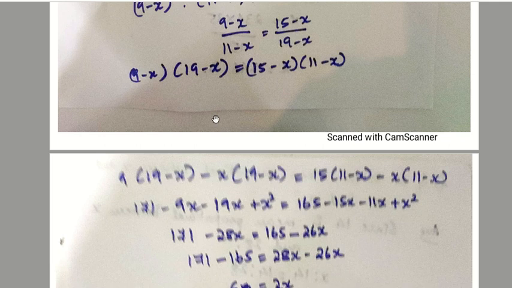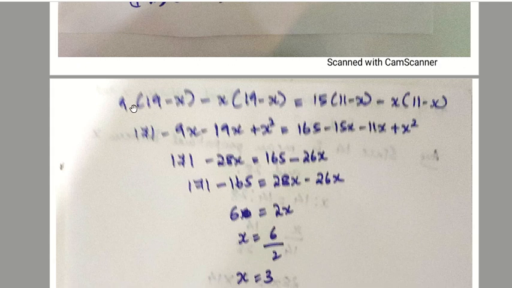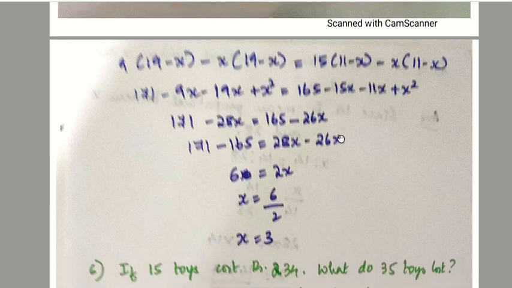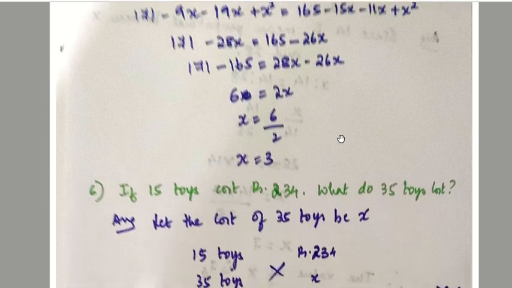So 9 into 19 minus x, minus x into 19 minus x, is equal to 15 into 11 minus x, minus x into 11 minus x. When you solve it out, 9 into 19, 171 minus 9x minus 19x plus x square is equal to 165 minus 15x minus 11x plus x square.